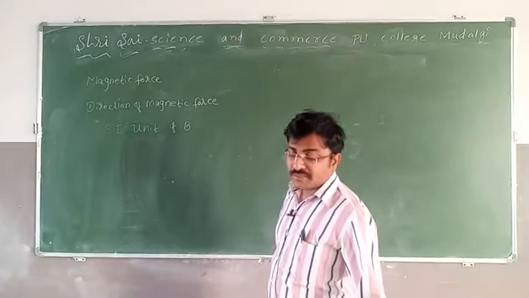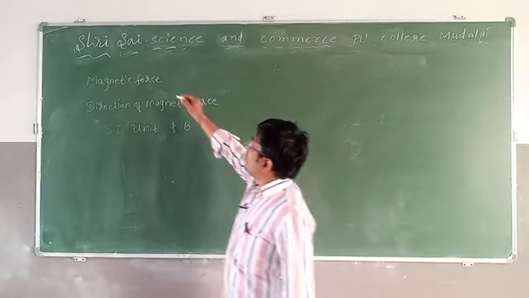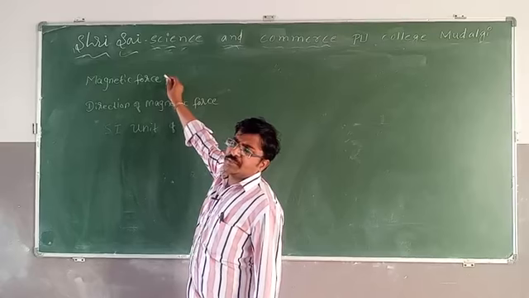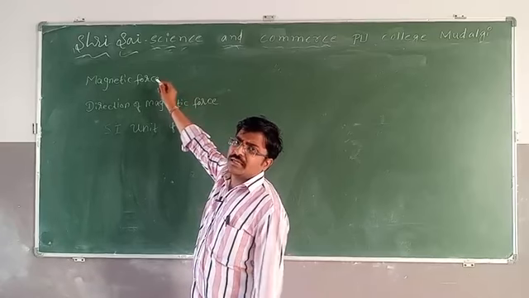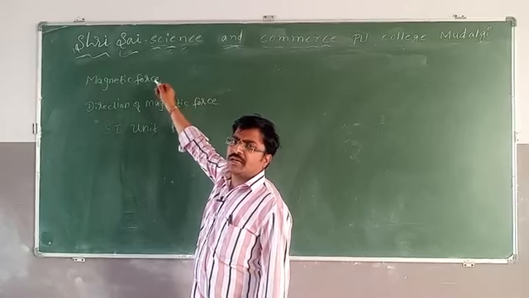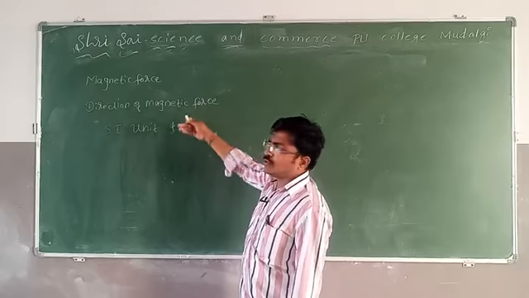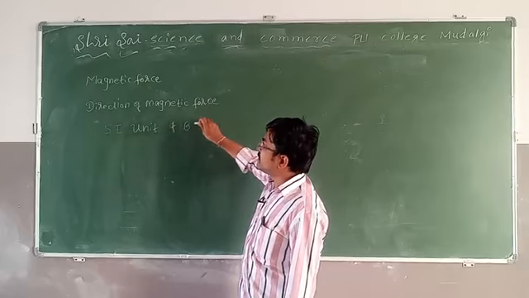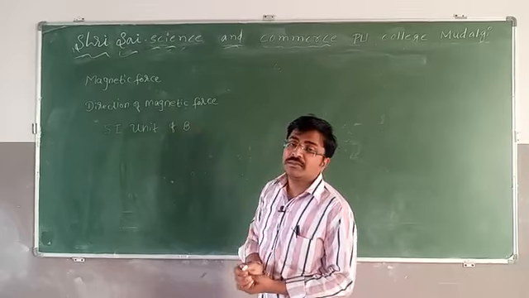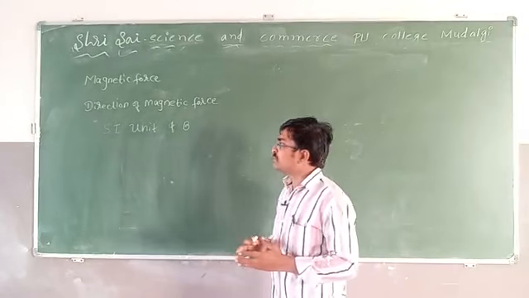In this class we are going to discuss the magnetic force. Actually, I already started this part in the last class, and I will continue it today. Next, one more concept we are going to understand is the direction of the magnetic force.